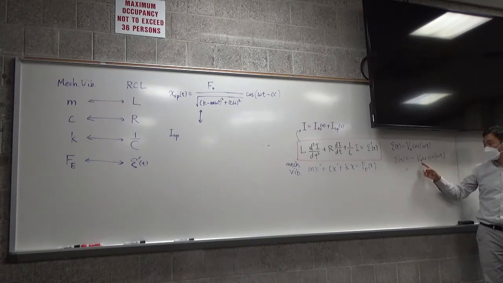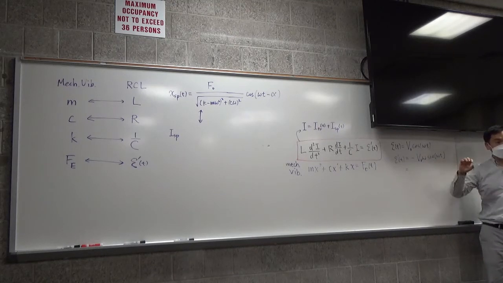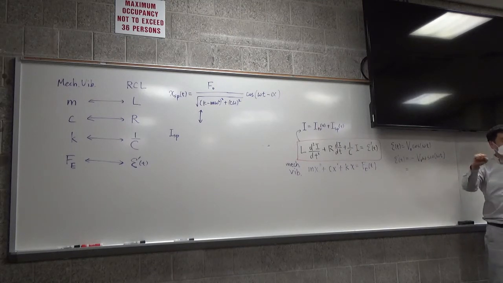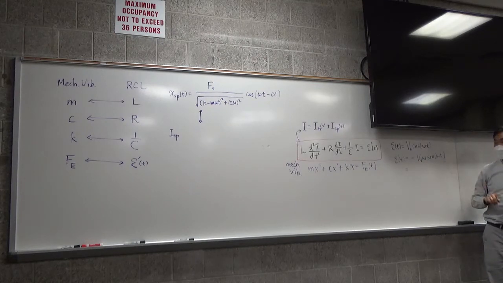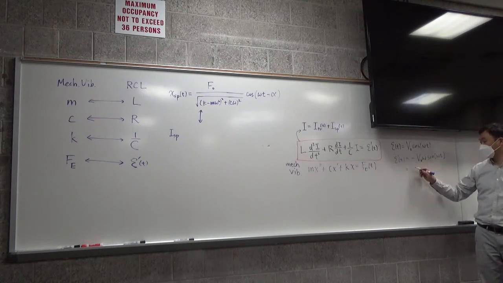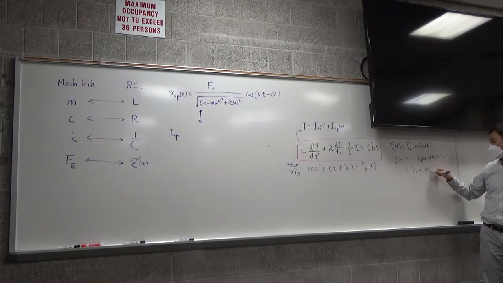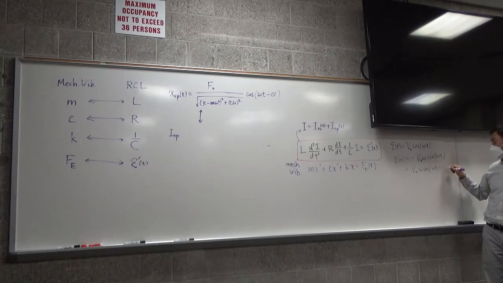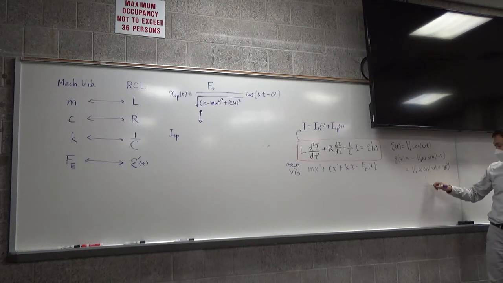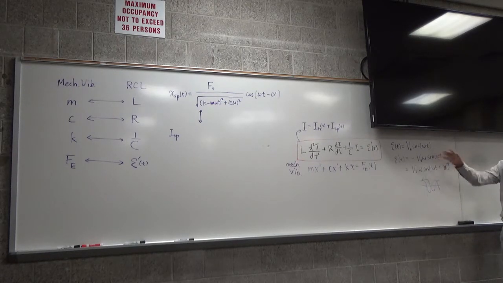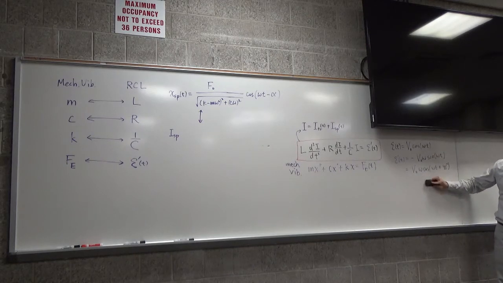If you took a cosine V0 omega cosine omega t and shifted it in some direction by 90 degrees, you're going to get this. So the right side ends up being V0 omega cosine of omega t plus 90 degrees. I think I'm right, because if you go 90 degrees this way on the cosine graph, you end up with a negative sine graph, right? So this will shift everything in the negative 90 degrees direction.